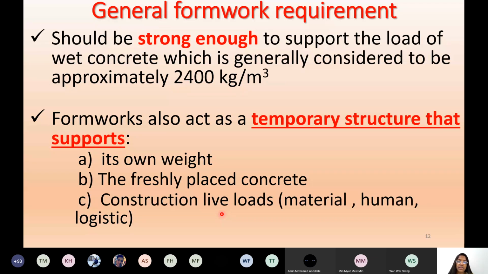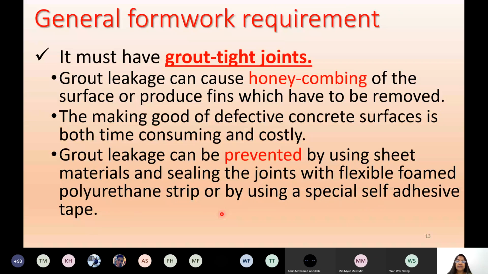You can go for some other temporary support, like for a foundation, where the pit you are digging out will support the concrete, whether it is brickwork, concrete or stonework. But if it is higher than 1.5, you must go for formwork. Using formwork, you can build your structural elements. So we need to consider these types of loads. Any questions so far?